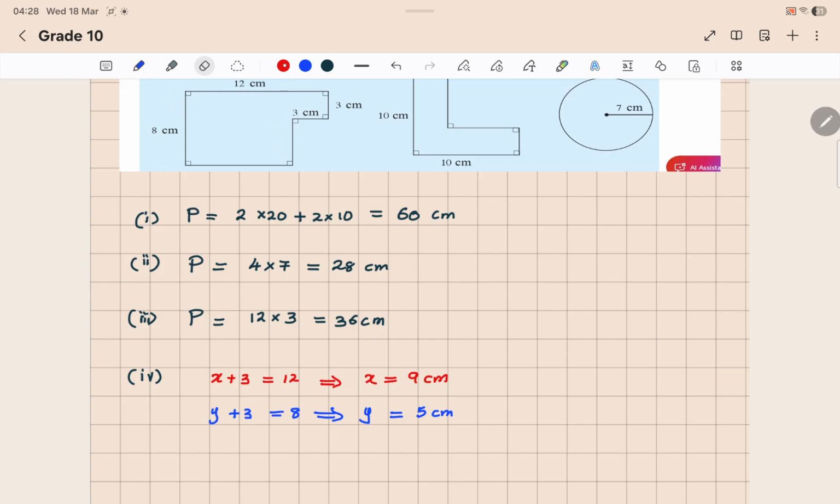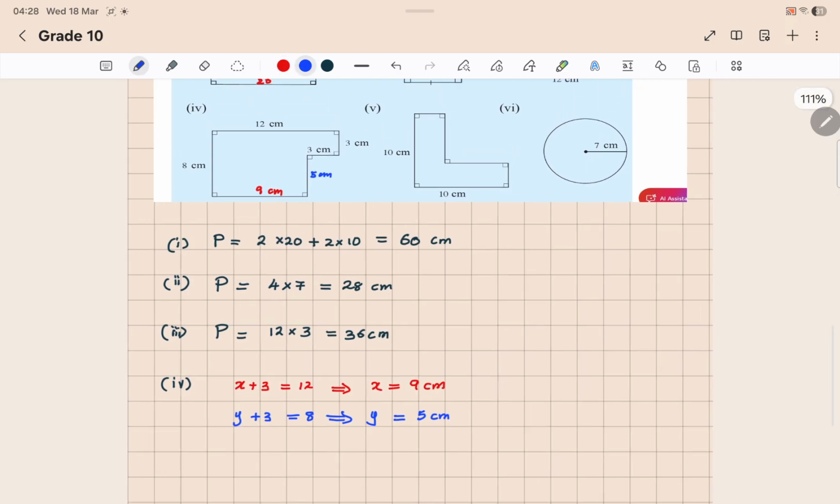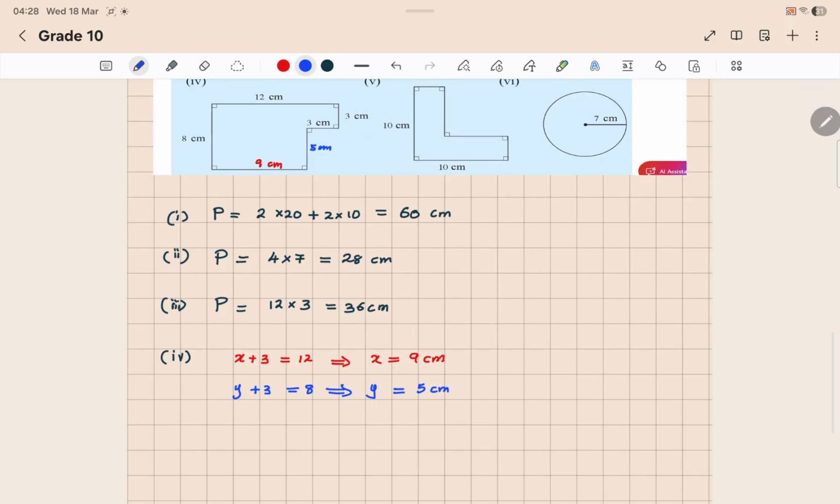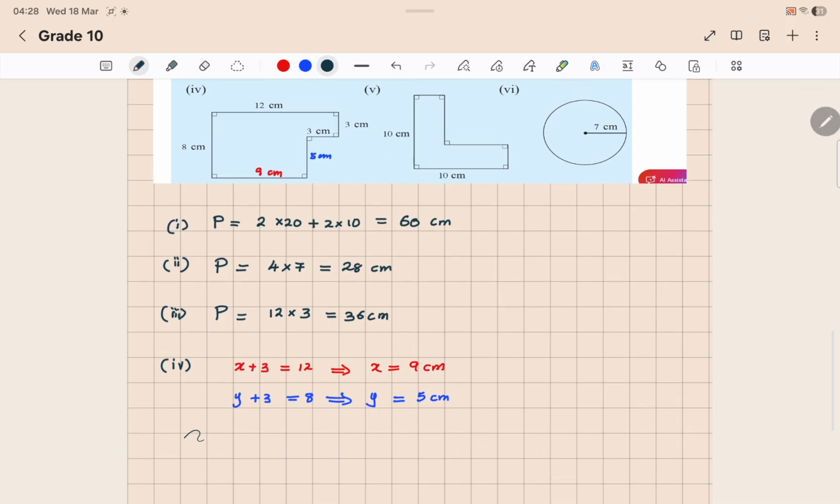So now let me note those lengths here. So this length is 9, this length is 5, right? Now you can find the perimeter, add all the lengths. So let's start from 8 plus 9 plus 5 plus 3, another 3, then plus 12.